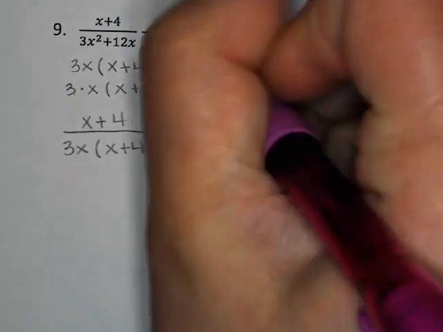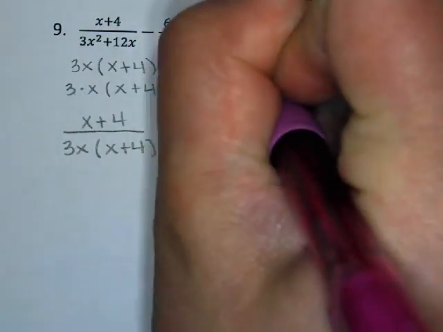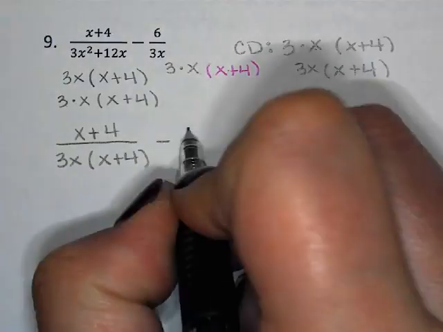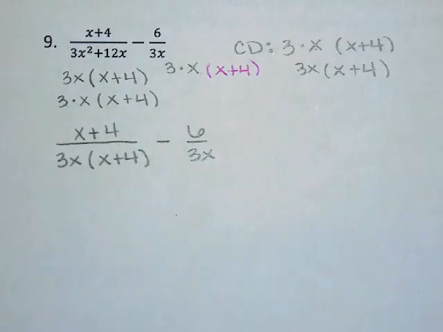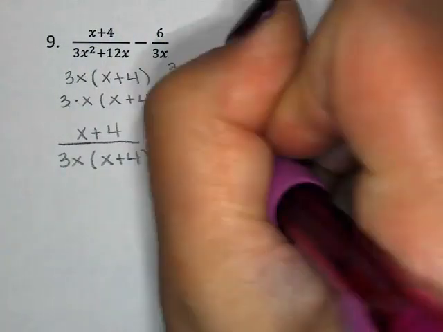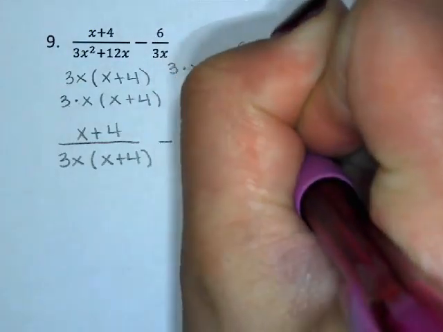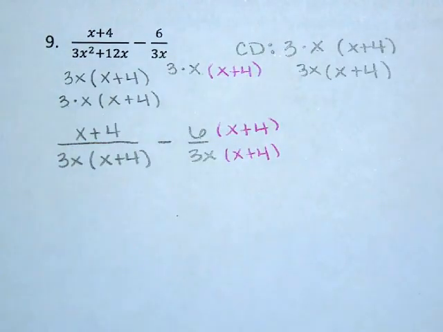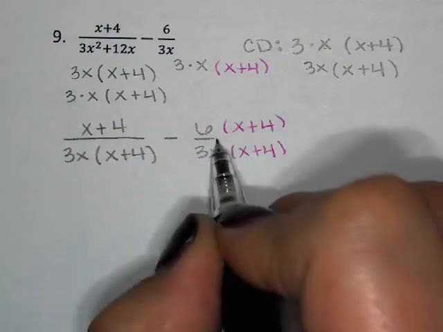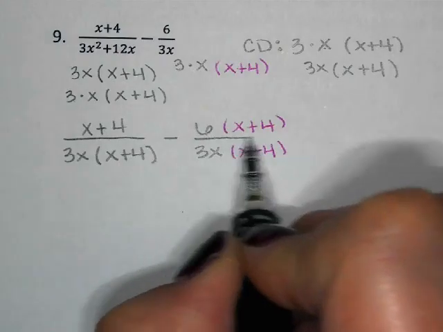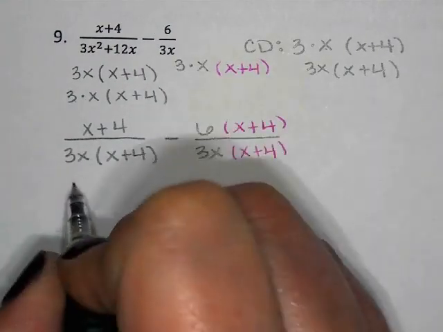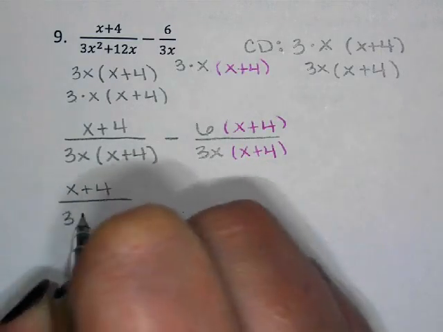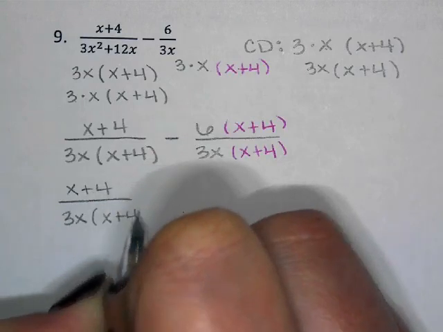So I'm going to write the second fraction down, 6 over 3x, and then I'm going to write what it needs, which is an x plus 4. I'm going to put that on the top and on the bottom. So 6x plus 24.